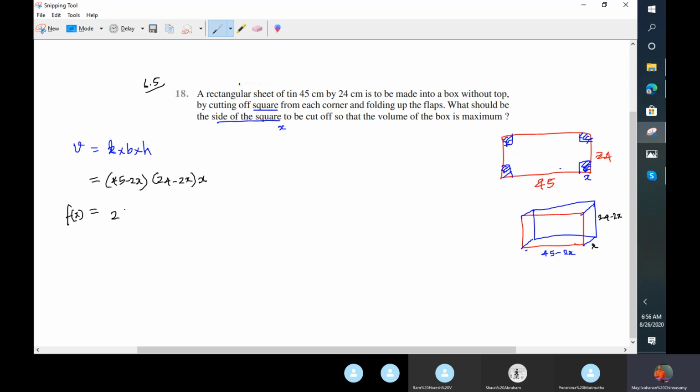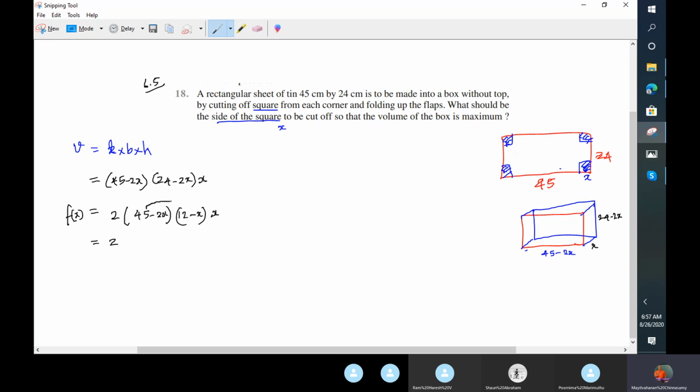You can take 2 common from 24 minus 2x. When you take 2 common, this is 45 minus 2x, and 12 minus x, into x. This is your f of x. Now you have to take the derivative. Either you can use the product rule, or make it into a single polynomial instead of factors.